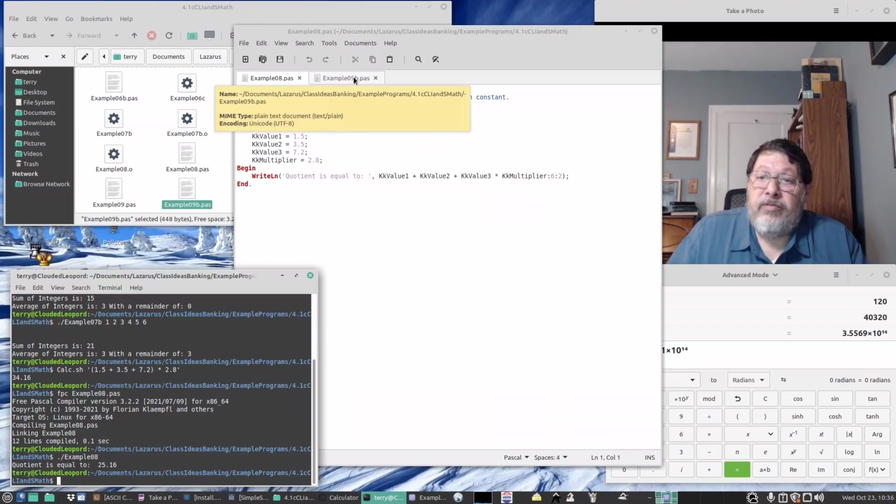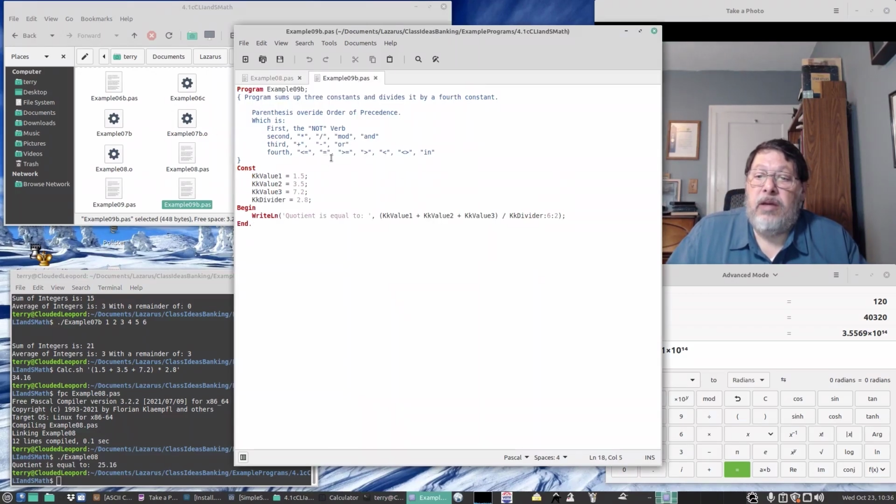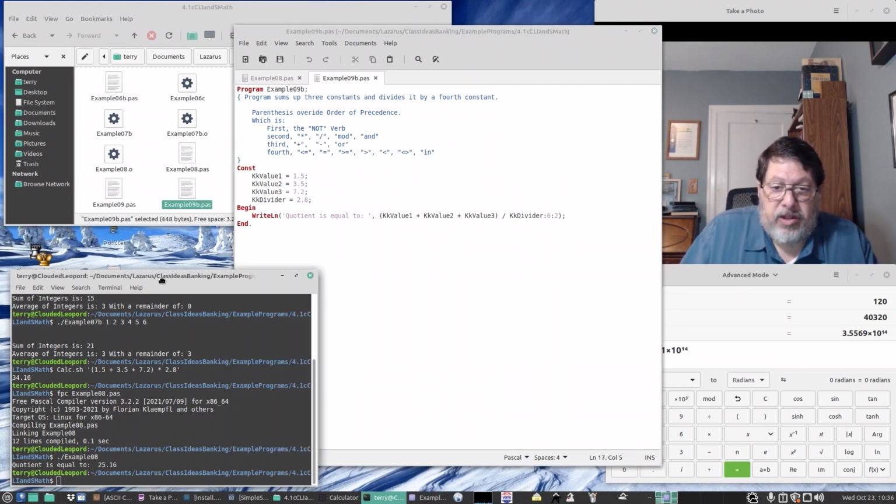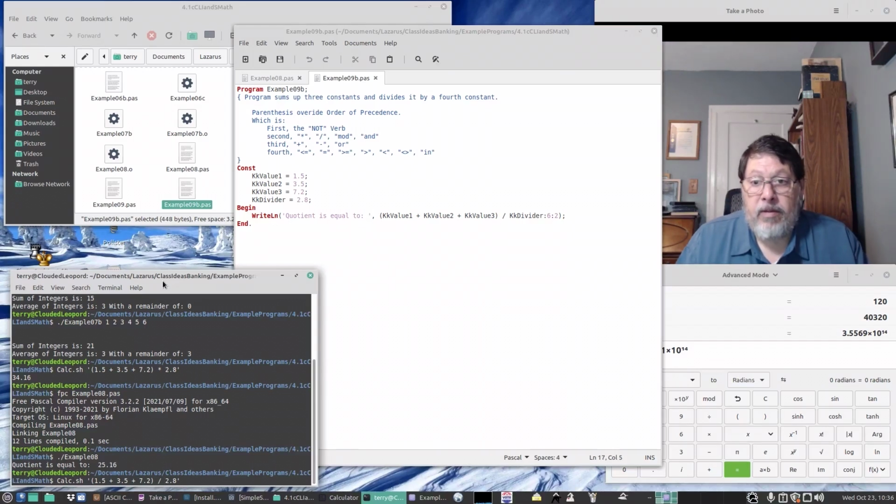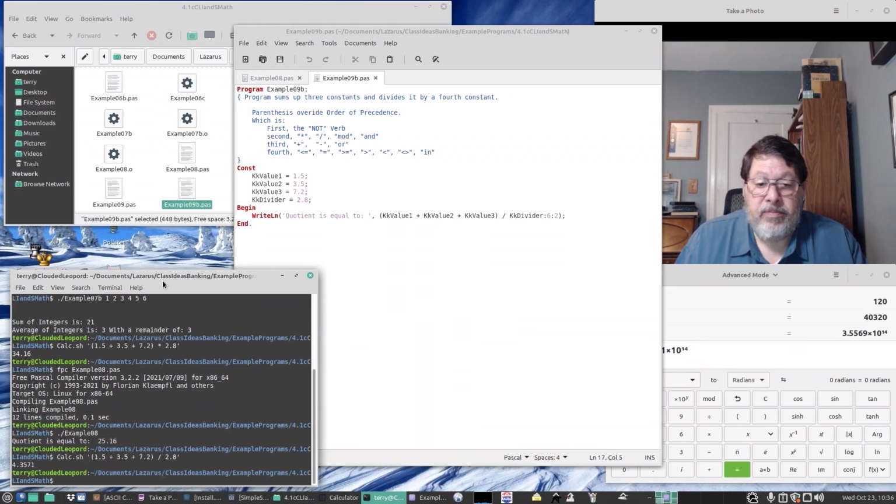And there's a very similar program here, except here we divide. And let's see what the answer should be there. It says we should get 4.35.